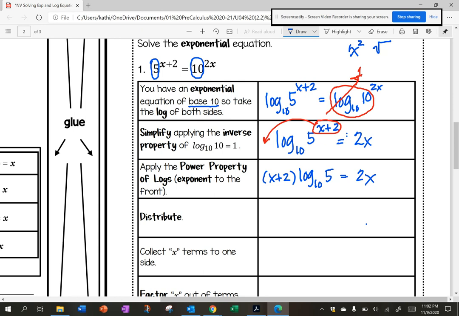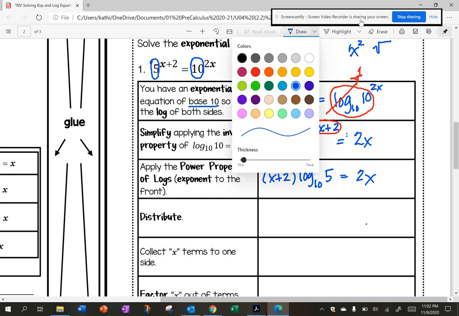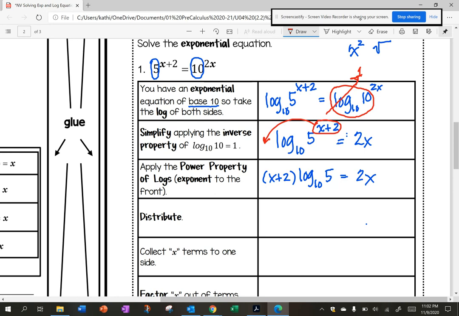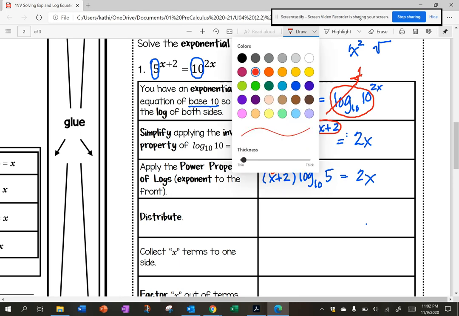The next thing I see is I have a term outside of the parentheses, so I'm going to distribute onto the two terms on the inside of the parentheses.